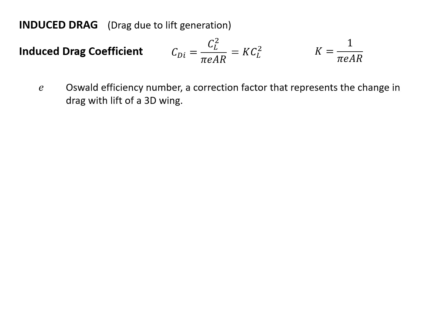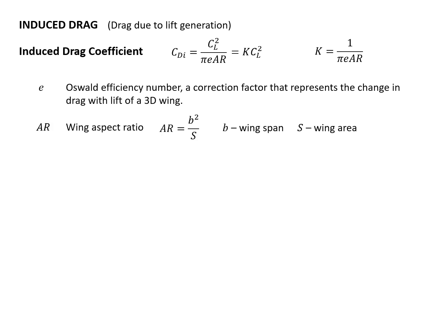We know K equals 1 over pi e times AR, the aspect ratio, and e is the Oswald efficiency number. It's a correction factor that represents a change in drag with lift of a 3D wing. If it's a 3D wing, which is usually the case, we need to apply this e factor.